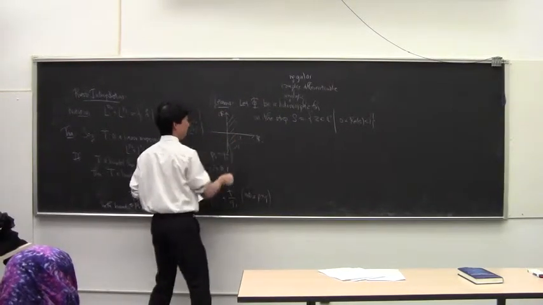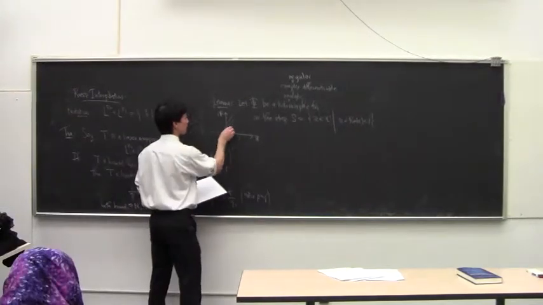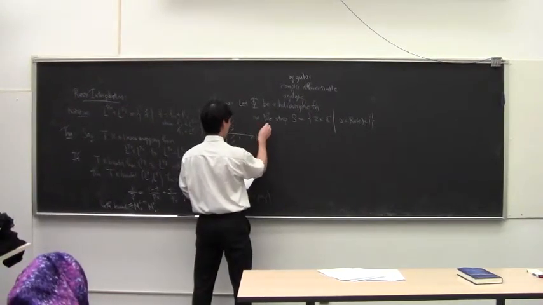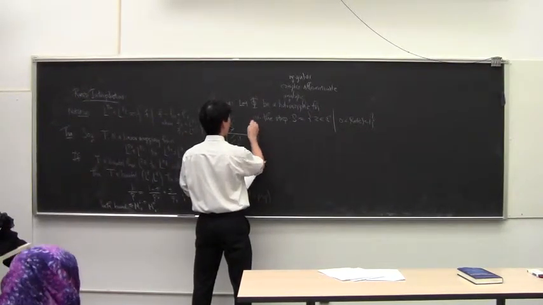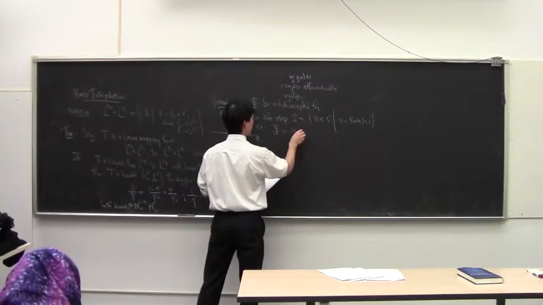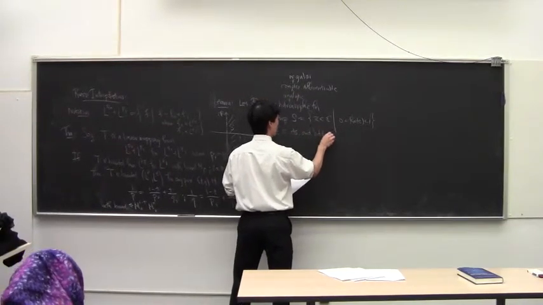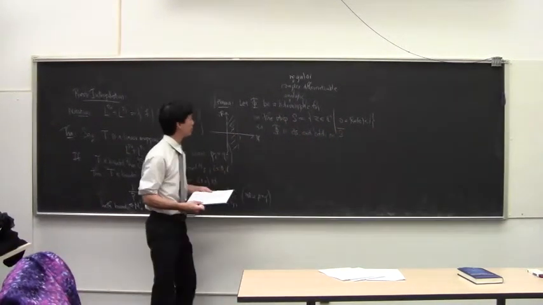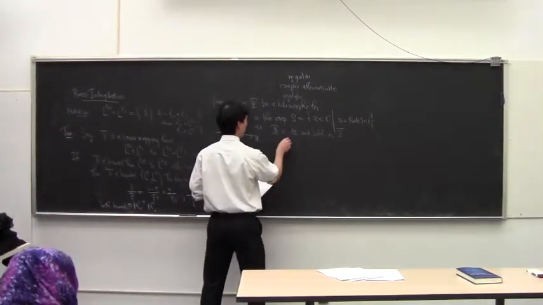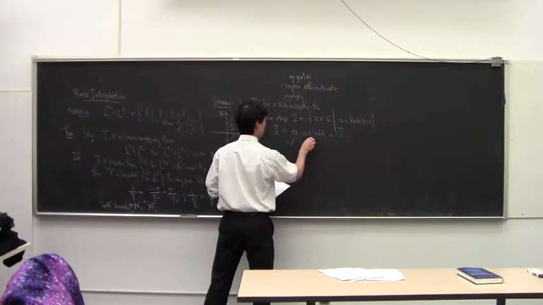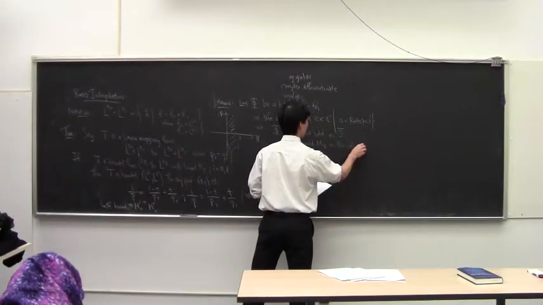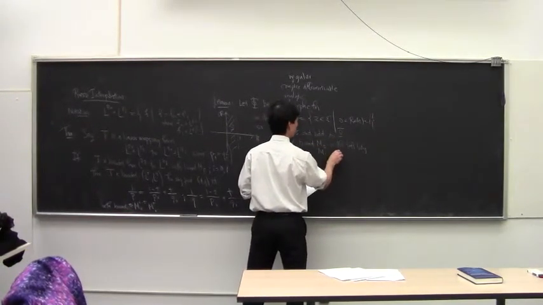You're looking at this strip here, this is S. You have some function that's holomorphic on it, such that phi is continuous and bounded on the closure of S, with bound M naught on the left boundary, and M1 on the right.